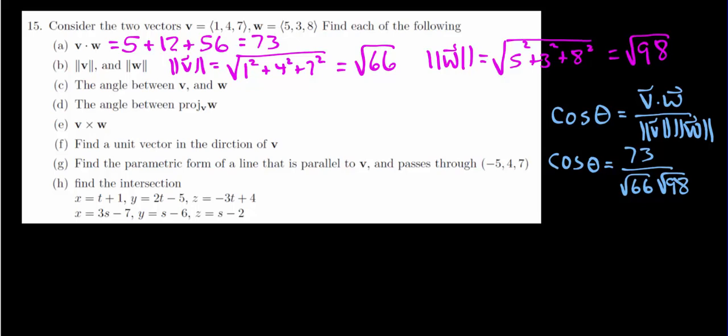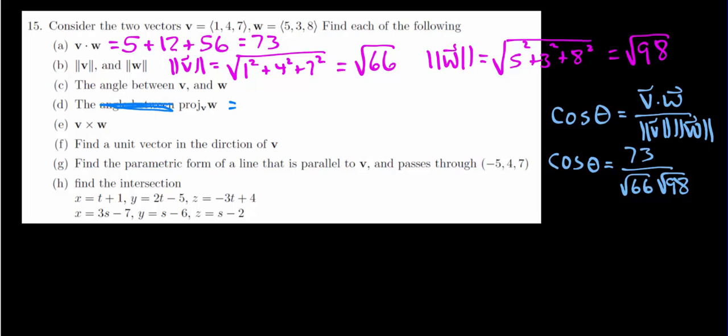Now, on this one, I've got a mistake here. I said the angle. This right here is just the projection, so I need to take that out. Remember, the projection is just going to be this.